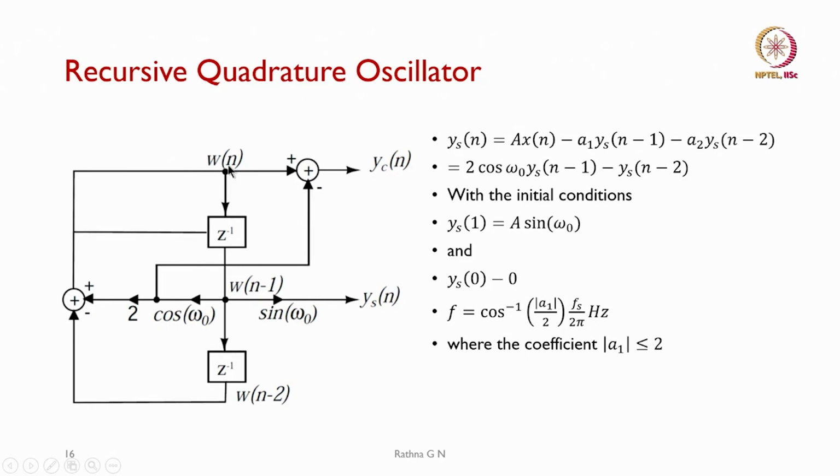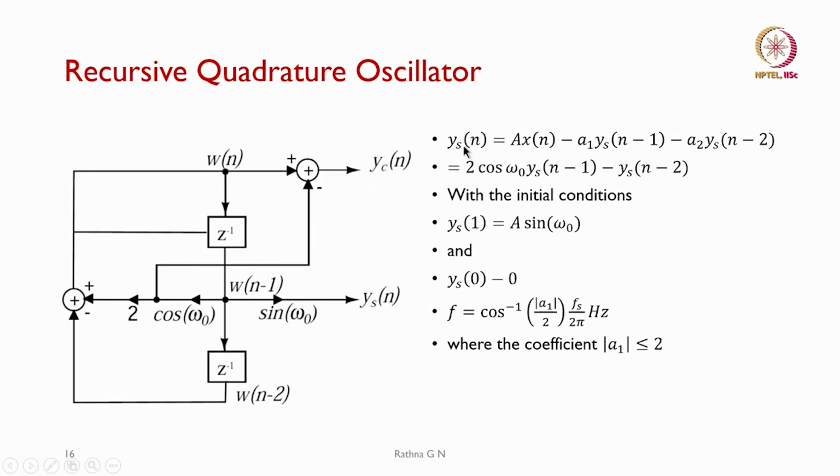You will be seeing this is w of n and then w of n minus 1 in this case also. 2 cos omega naught is the feedback signal, and then the feed forward is a multiplication with sine omega naught, and you will be seeing 2 delays. This is w of n minus 2, which you will be subtracting, and you will be getting your cos, and then here you will be getting the sine.